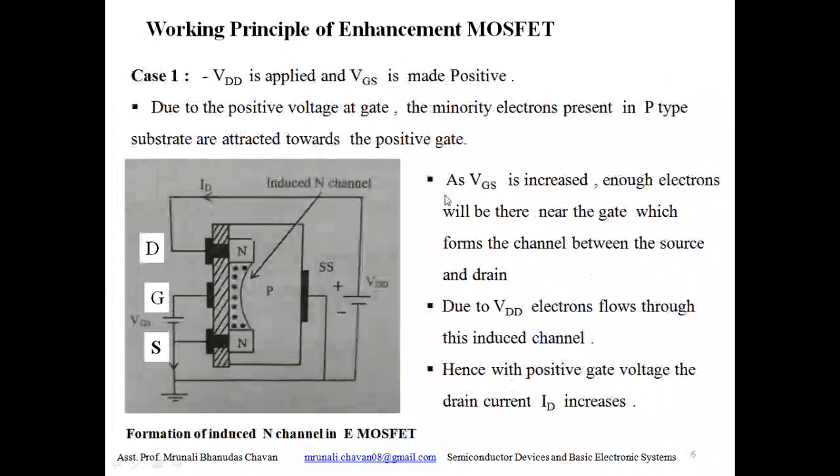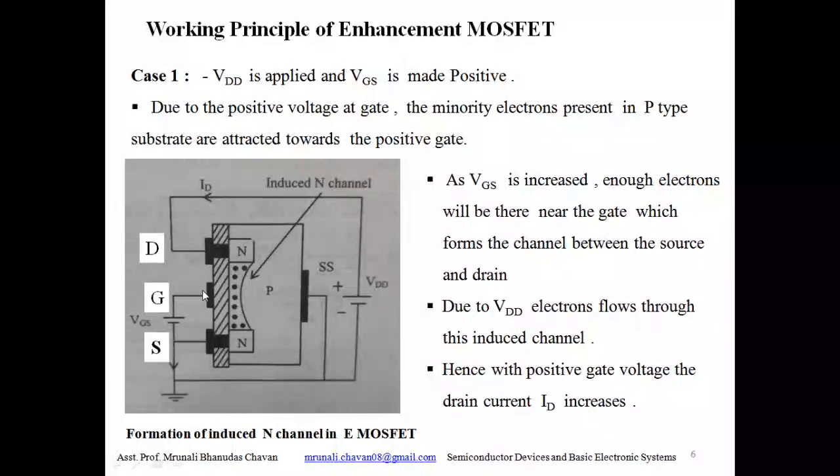Case first: VDD is applied and VGS is made positive. We can see in the figure VDD is applied and we have made VGS positive, meaning we can see the ground or negative terminal is connected to the source, the N region, and positive is connected to the gate.